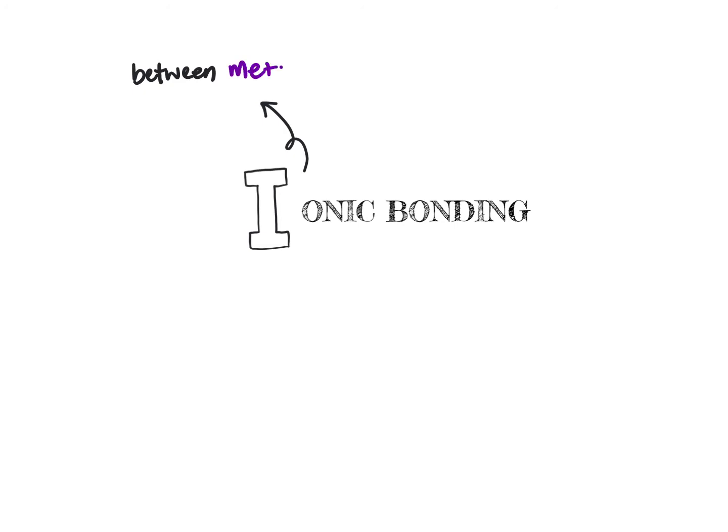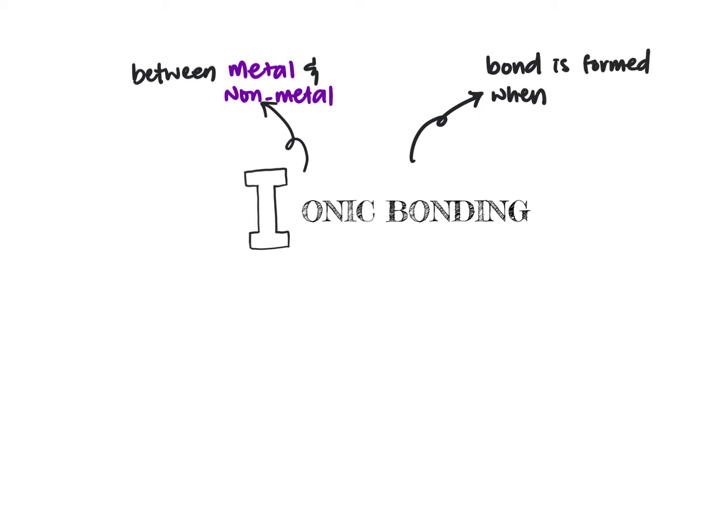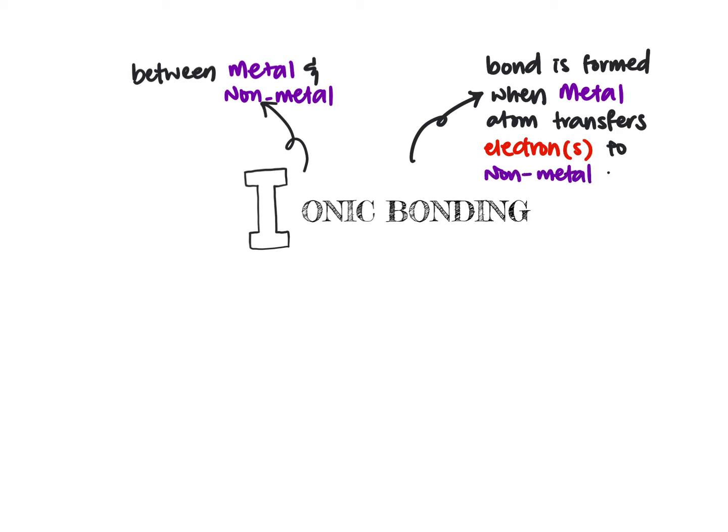Ionic bonding is formed between a metal and a non-metal. This bond is formed when a metal atom transfers electrons to the non-metal atoms.